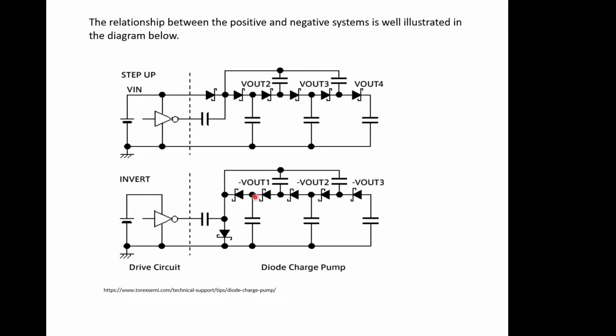So diodes this way give you minus voltages, diodes this way give you positive voltages. And it's only on this input connection that things change. On the negative one we're connecting a diode to ground, and on the positive one we're connecting the diode to a positive supply.